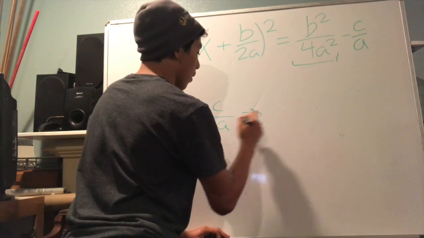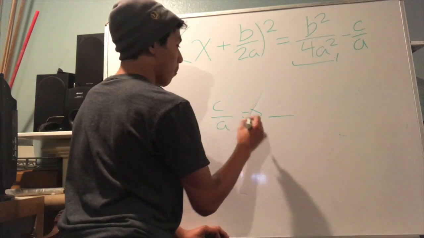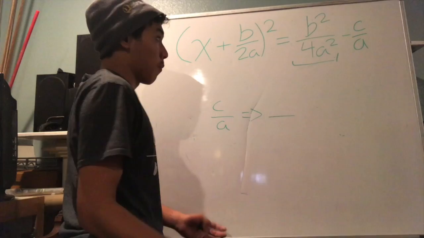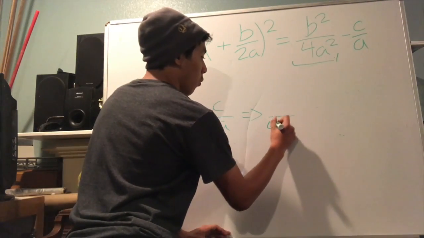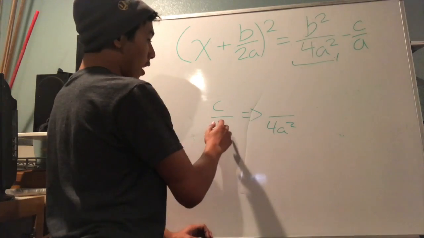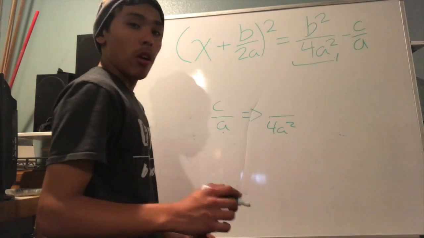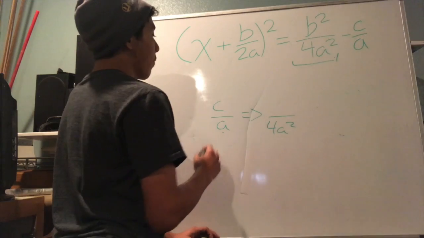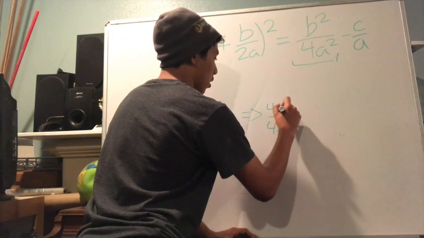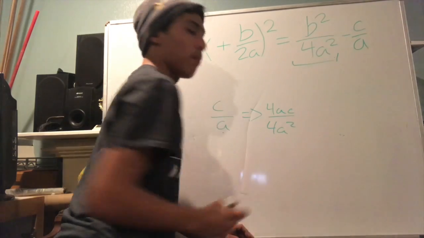How? We change its denominator. By changing its denominator on the bottom as well as on the top, the fraction effectively stays the same. So we know that the denominator has to be 4a squared. How do we get from a to 4a squared? All we have to do is multiply by 4a. So c times 4a is equal to 4ac.